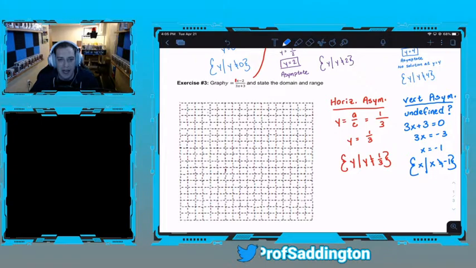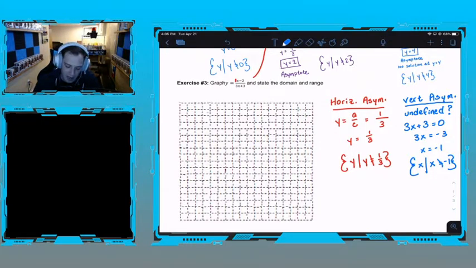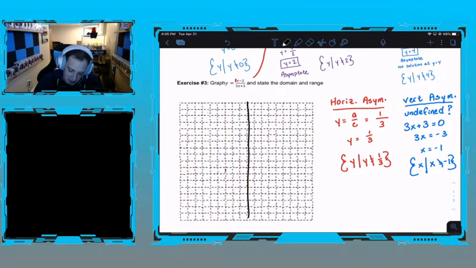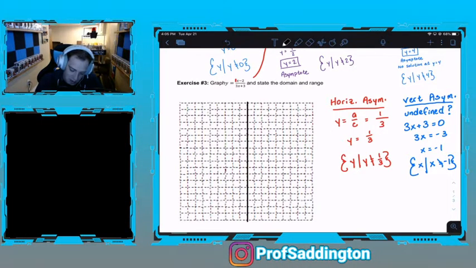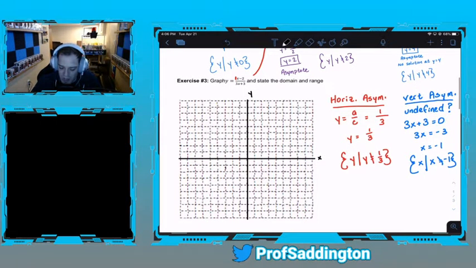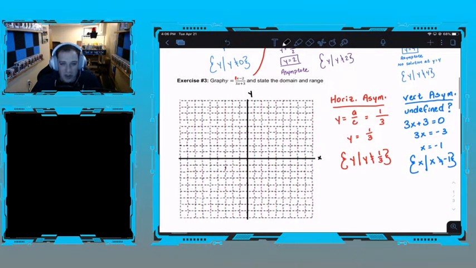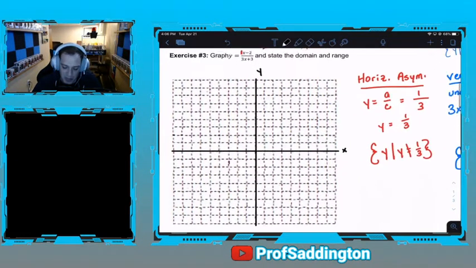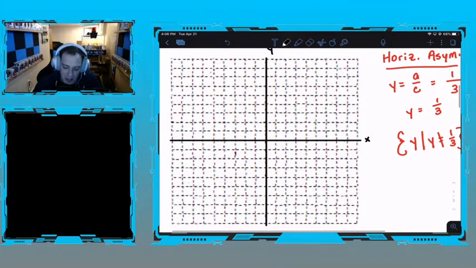Now that we have that, we can graph it off to the side. So I'm going to graph my x and y axis. The y cannot equal 1/3. This one's going to be a little tricky to graph because it is a fraction, and we don't normally tend to graph fractions all that much.